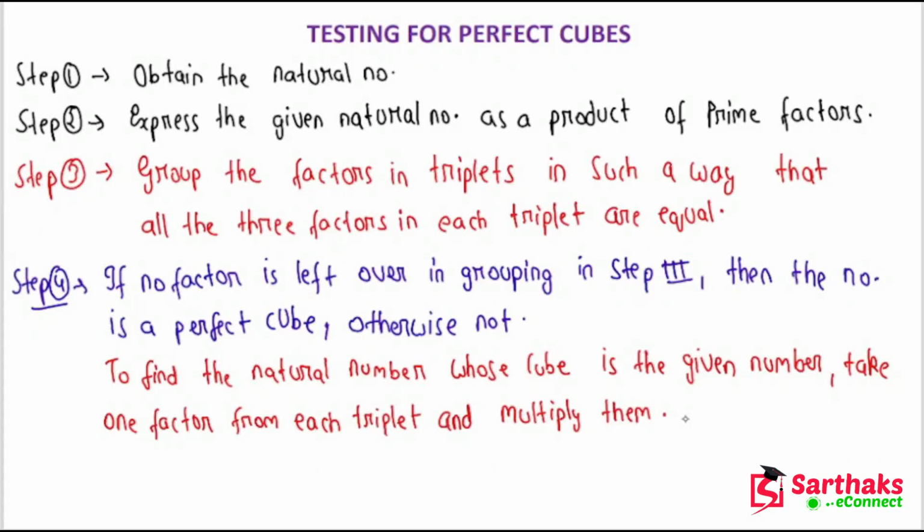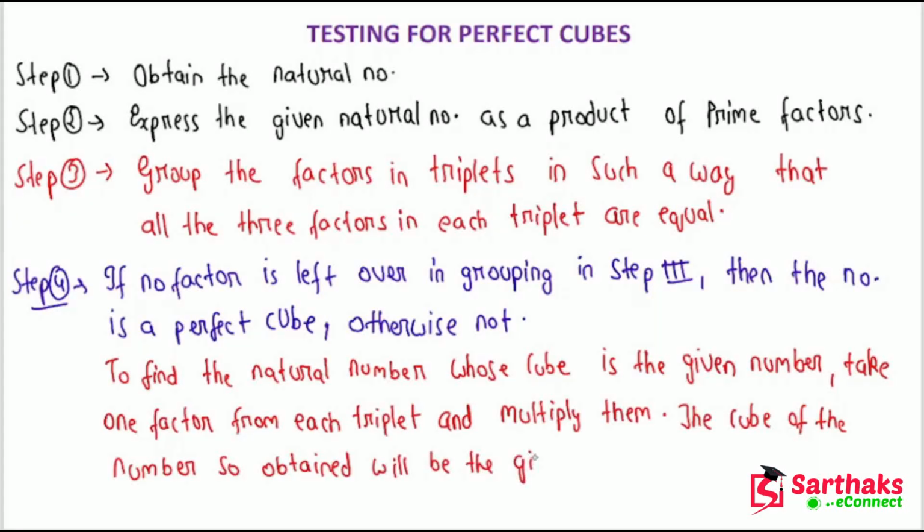Okay, so we can write the cube of the number which you are getting by multiplying these. If you cube that number, then it will be the given number, right? So we have just found the number whose cube has been given to us.